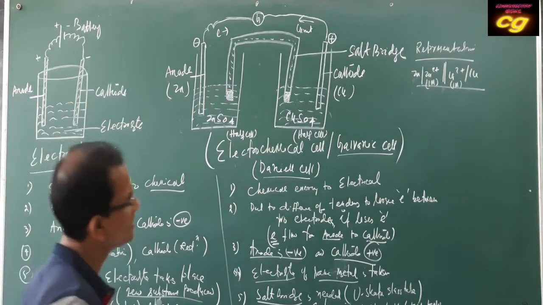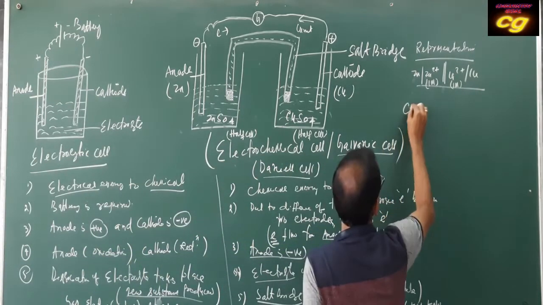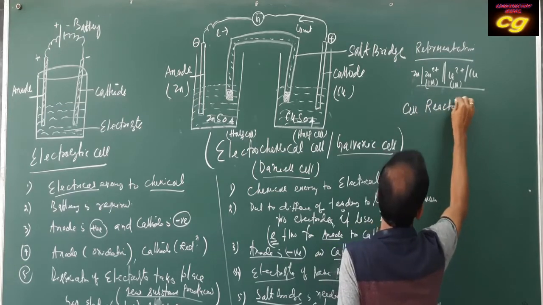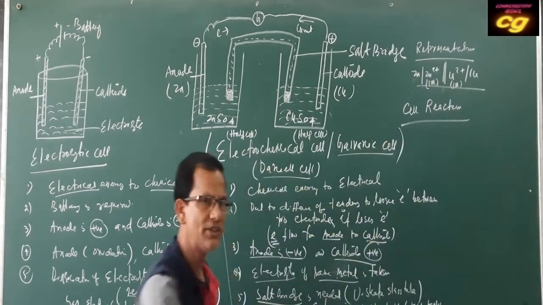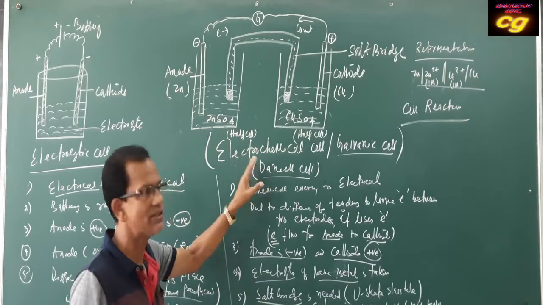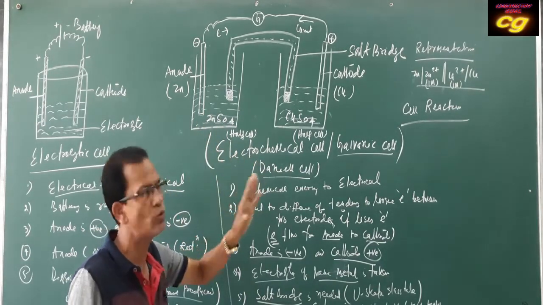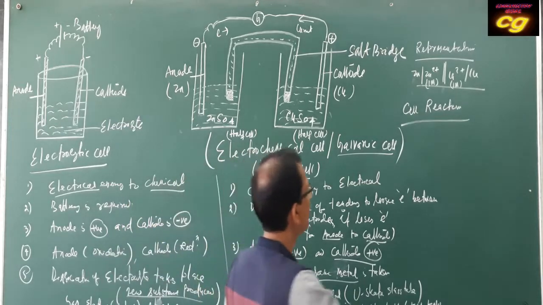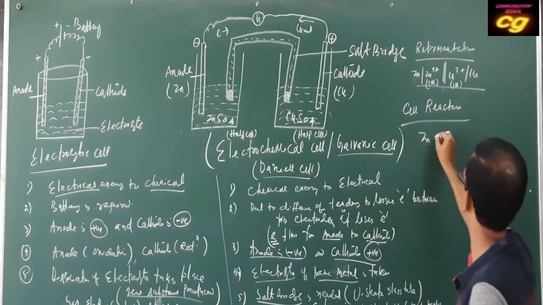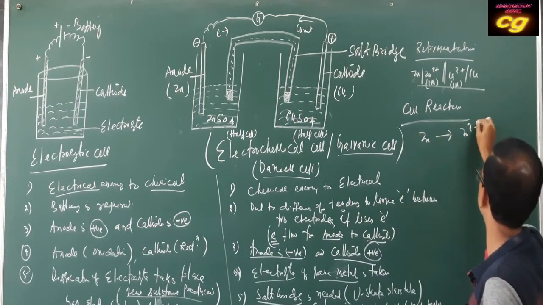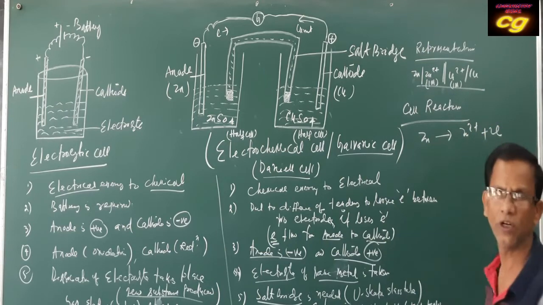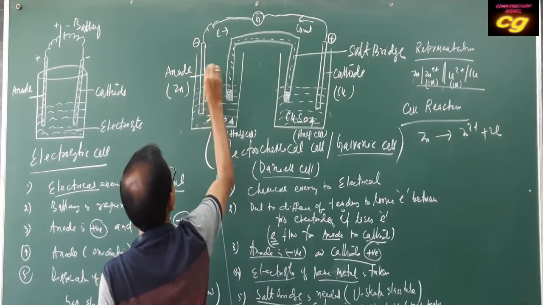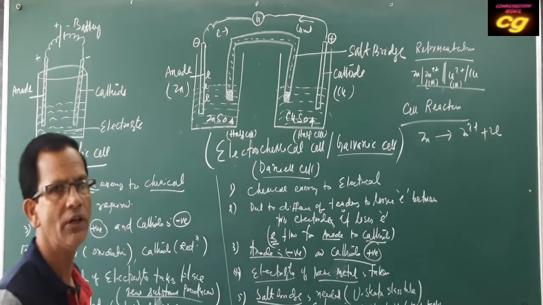So this is the difference between anode and cathode. Here, what is the cell reaction? I have already told you. An electrochemical cell mainly consists of two half cell reactions, that is oxidation and reduction. Here zinc gets oxidized to zinc ion, forming 2 electrons. That electron will be present in the zinc electrode.